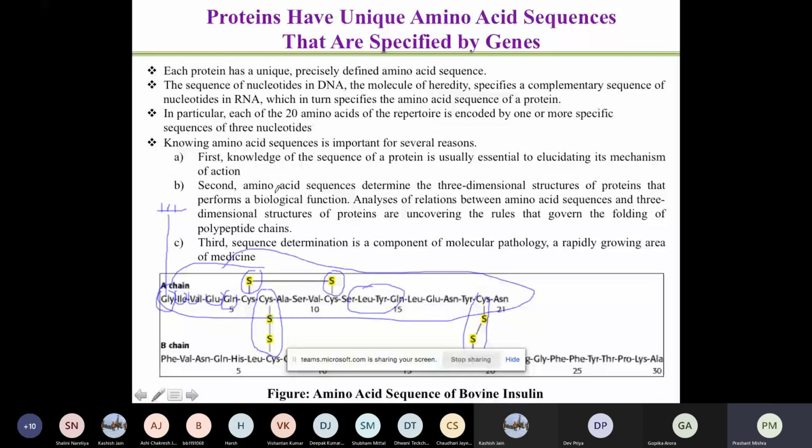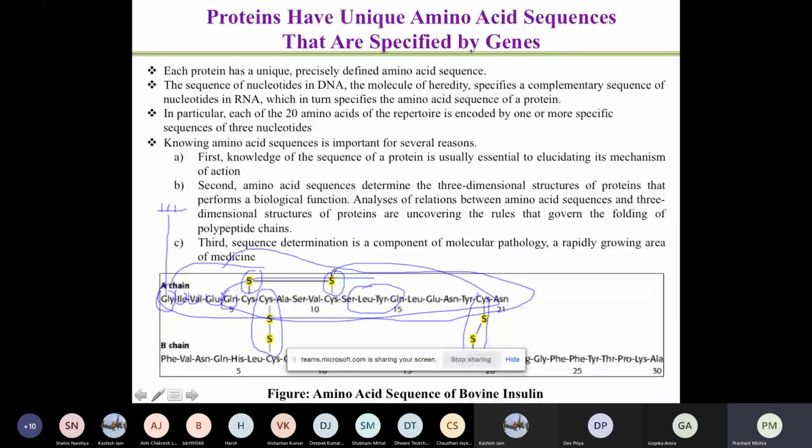This part you will learn in the next few lectures, where the sequence of amino acids determines the tertiary structure of the protein. Tertiary structure means the folded structure. I will define it further, but the three-dimensional or tertiary structure of proteins is determined by the primary structure of amino acids. So it is very important that we understand the primary structure of protein.